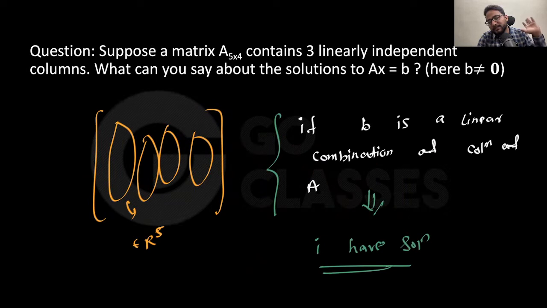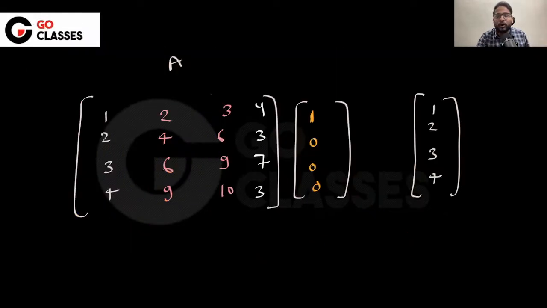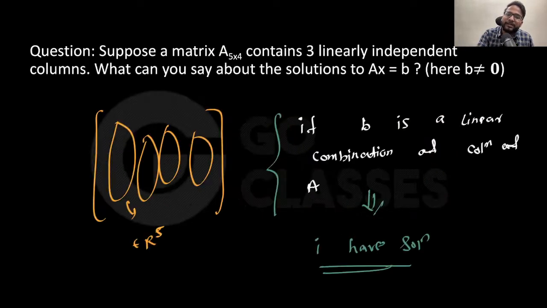Now it is basically dependent. I mean, B is a linear combination or not. Earlier it was obvious that it would be. Now it may or may not. B may be a linear combination of these columns of A or may not be, right? On that the solution will depend. So here I will say it depends. If B is a linear combination of columns of A, then I have the solution. Otherwise, I do not have the solution. So that's what I can say, right?